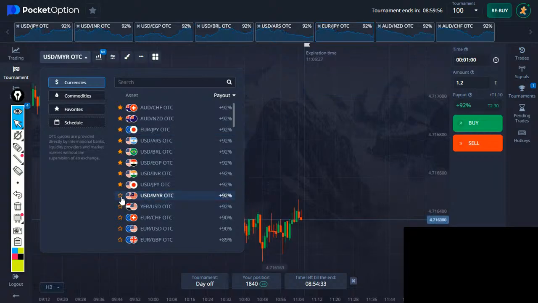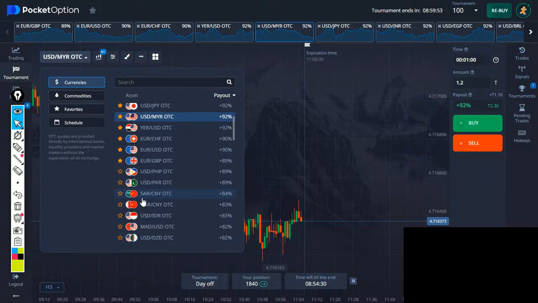So let me put some high payout pairs for me to identify a strong downward trend. For it to work to its optimum potential, you need to have at least 90%. I'll stick to 92% only.